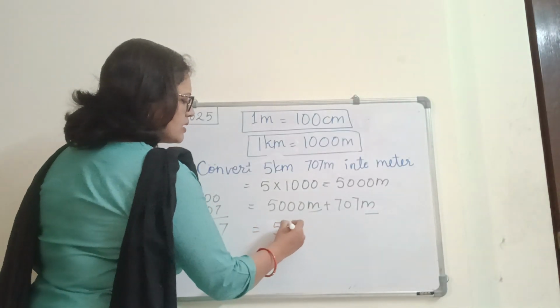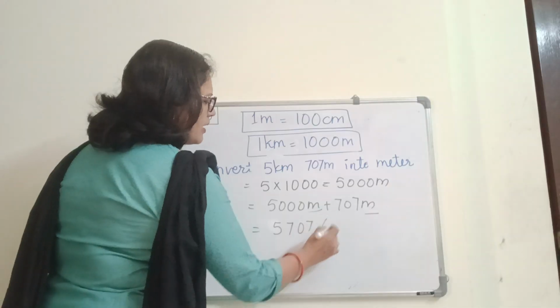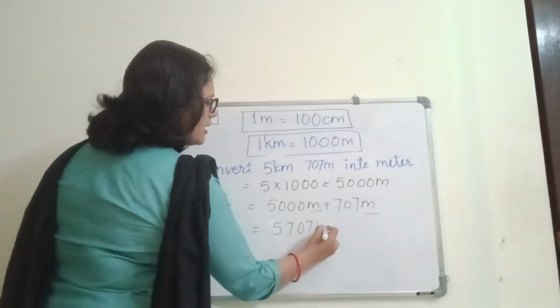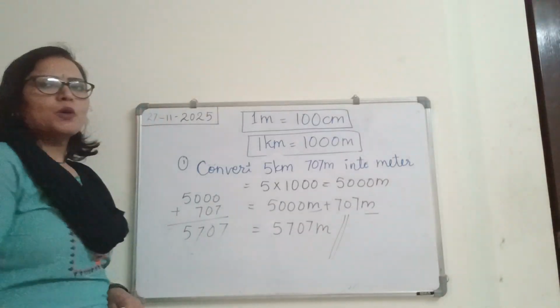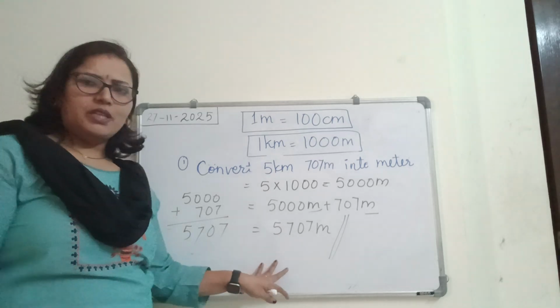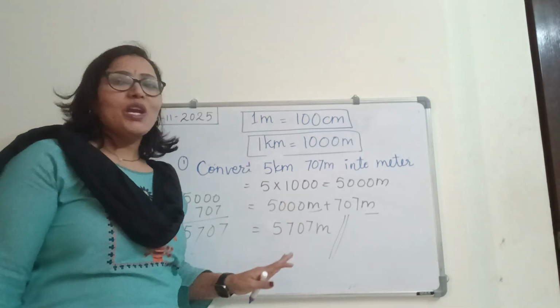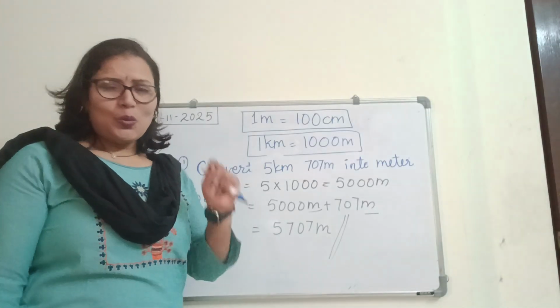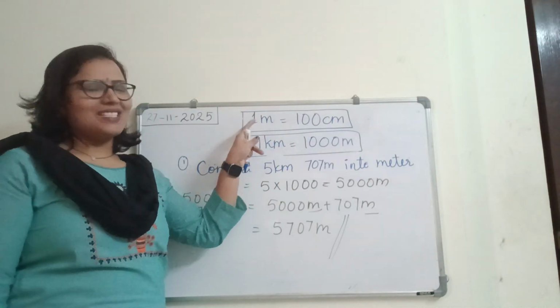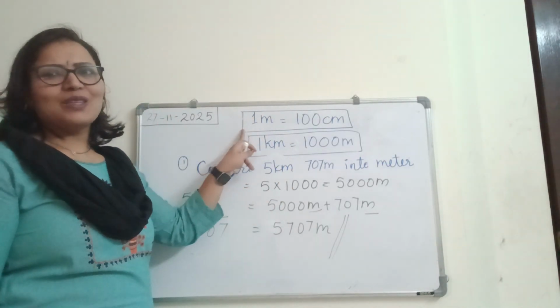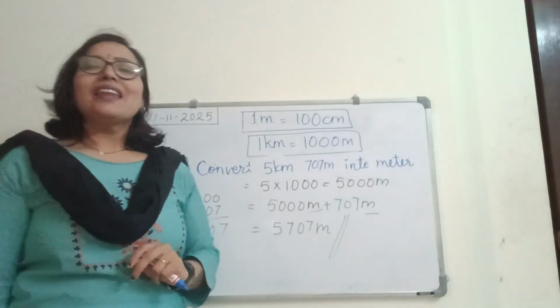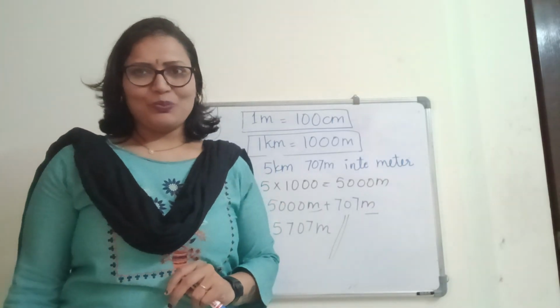So 5707. The unit is very important, meter, because we converted this into meter. So hope you understand how we are doing the conversion. If you are aware of this, we can easily solve any sum from your textbook.